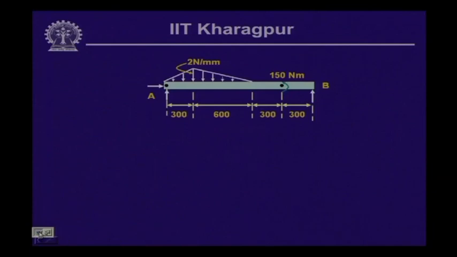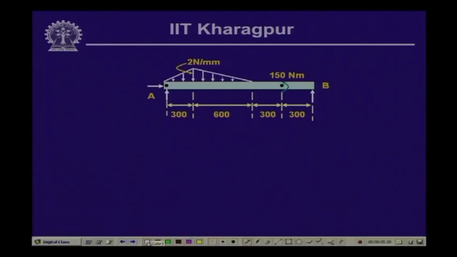So, this is the free body diagram of the beam, where we have shown the reactive components. For a hinged support we have a vertical reaction and a horizontal reaction. Let us call these R A and H A, and here we have the vertical reactive force over the roller, which is R B, and since in the horizontal direction it is allowed to move, there is no horizontal force component over there.